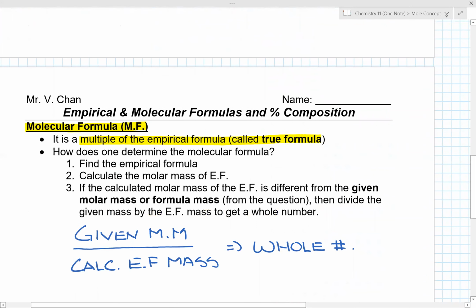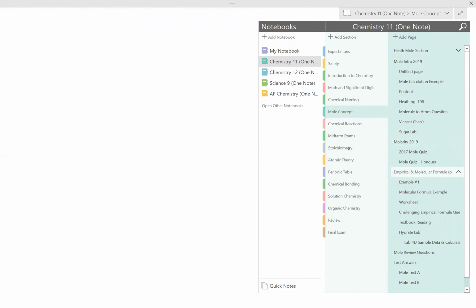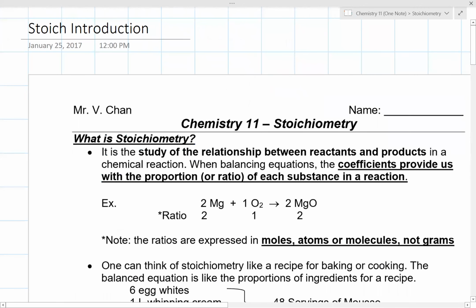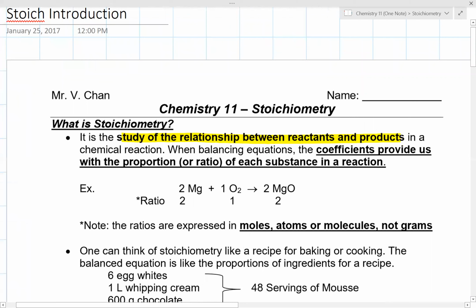So stoichiometry is basically taking the idea of the mole and studying the relationships between reactants and products. We're combining it with balancing equations, because when we balance the equations, the coefficients provide us with the proportion or ratio of each substance in a reaction.